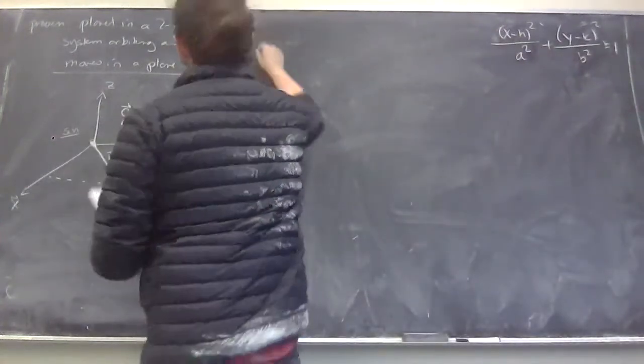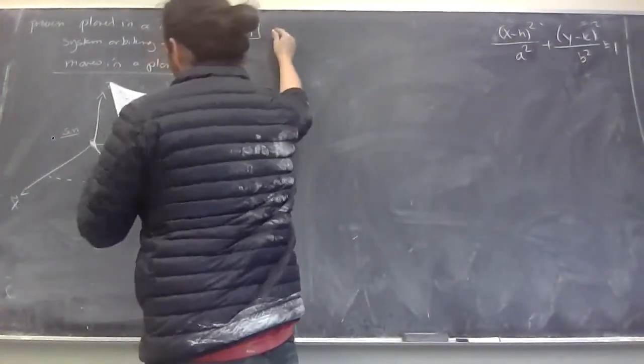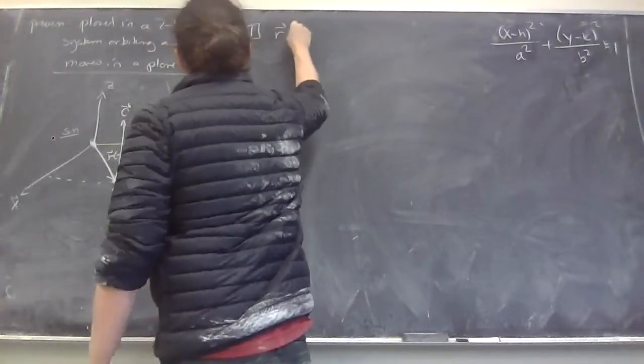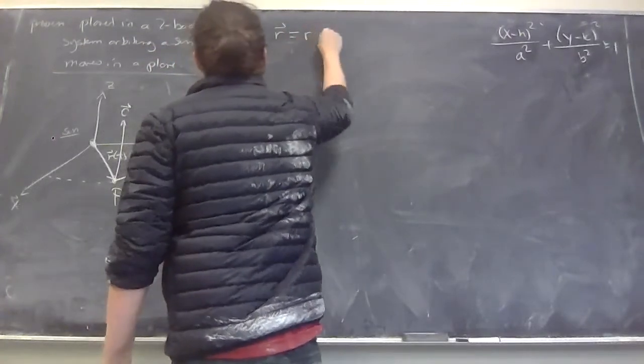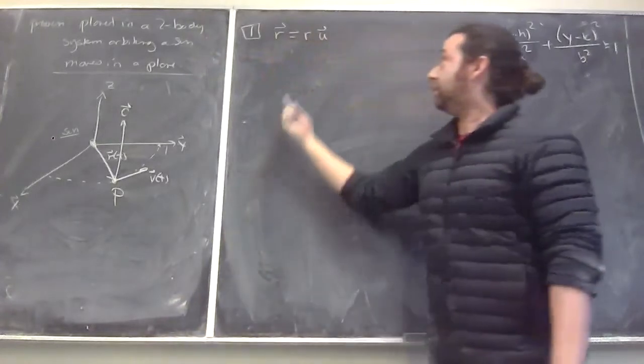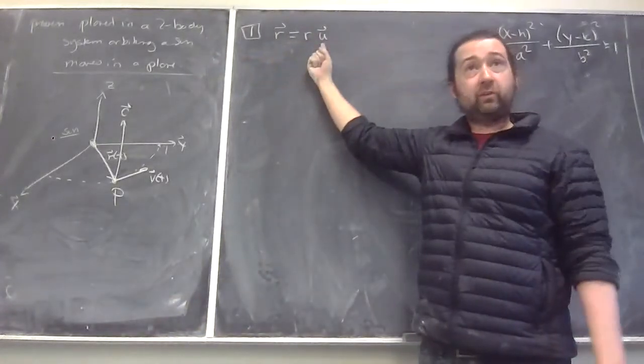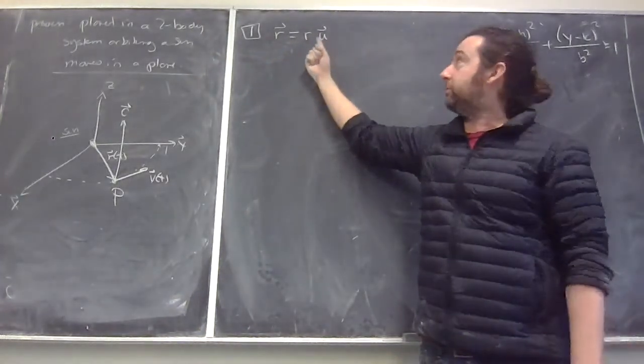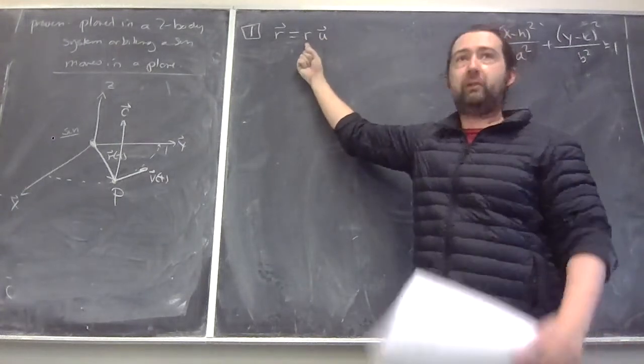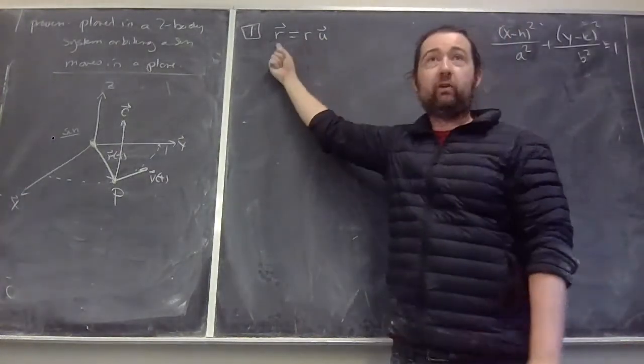Okay. So step one here. I'm going to write down r is equal to little r times u. That makes sense, right? I'm saying that u is the unit vector pointing in the direction of r, and so if I take that unit vector and multiply it by the length of the r vector, I get the actual r vector back out.